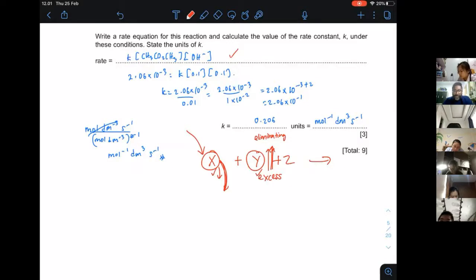In practical work, we always put in excess, and when you put in excess, the concentration, and its relationship to the rate, becomes constant. So basically, we make the concentration constant so it doesn't affect the rate. Yes, correct. That's the explanation. Okay, next.